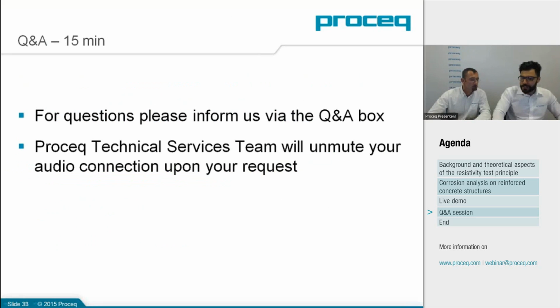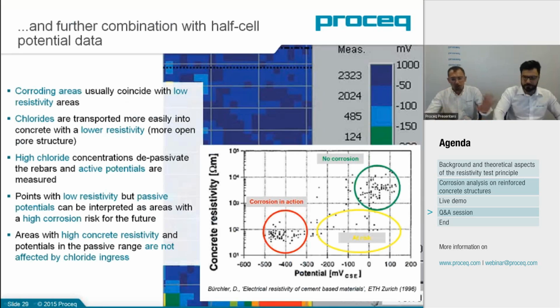The relationship between resistivity and potential. Well, let's go very shortly on that slide. In principle, there is no relationship whatsoever between half-cell potential and resistivity. Half-cell potential is telling us about the steel. Is the steel passivated? Is it corroding?